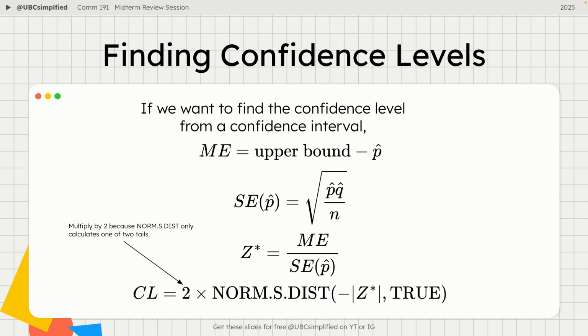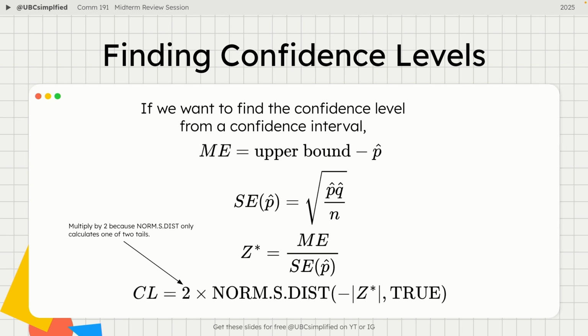And then to get your z star, basically you take that margin of error and you divide it by your standard error, which is the formula that we've done before. And then once you have that z star, take the absolute value of it, take the negative of that, put it into norm.s.dist true, and multiply that by 2, and that'll give you your confidence level.